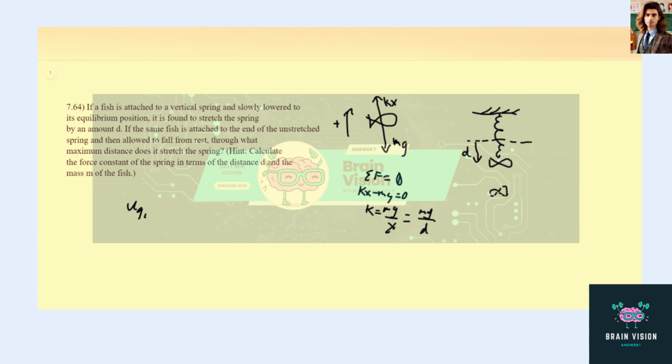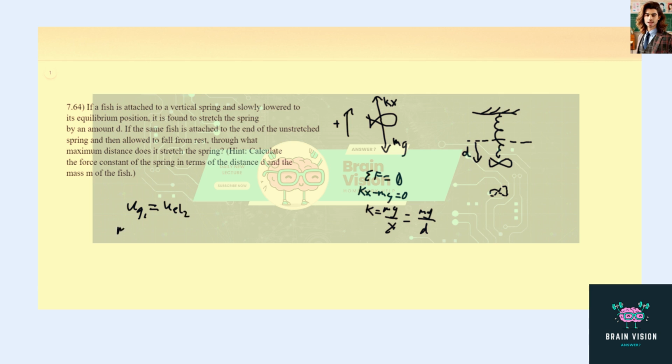But at this point, we're going to assume that there is no potential energy, and that there's going to be only elastic potential energy, when it's completely stretched at position 2.